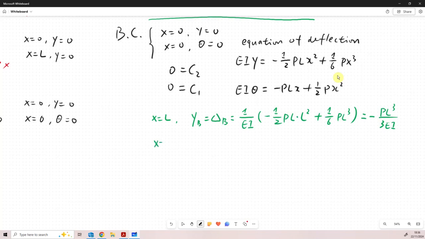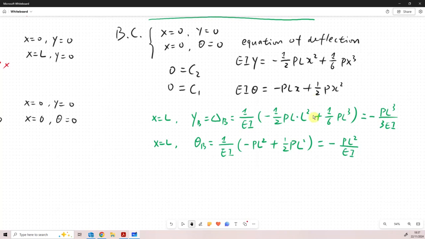And theta B, at x equal to L. For theta B we must use this equation. Same, we move EI to the right hand side, 1 over EI times minus PL squared plus 1 over 2 PL squared is equal to minus PL squared over 2EI.